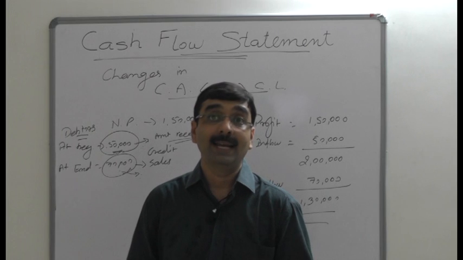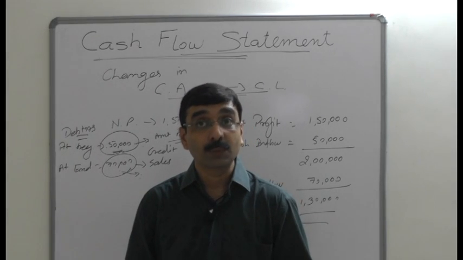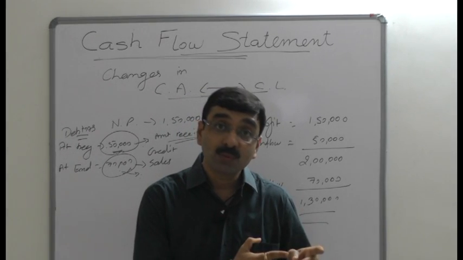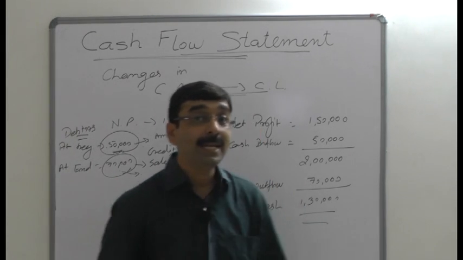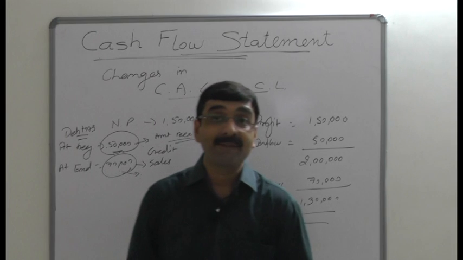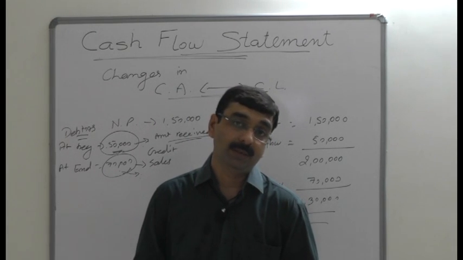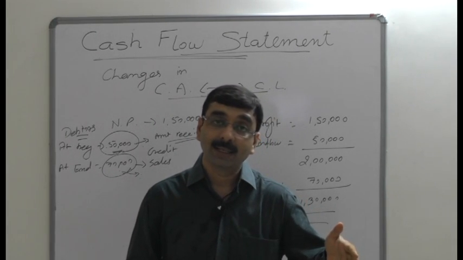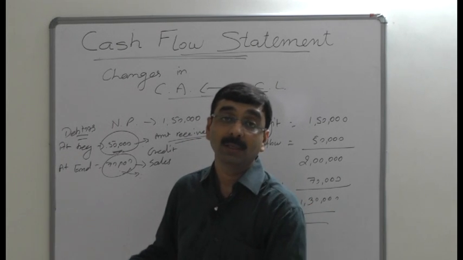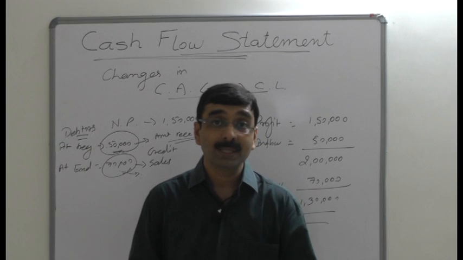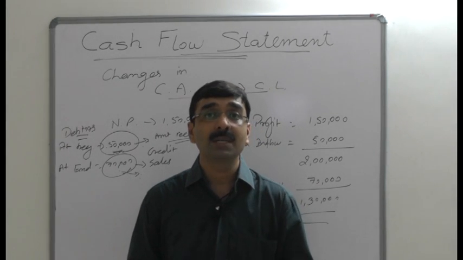It can be stated in another manner also. The book debts, which show 50,000 in the beginning of the year, have increased to rupees 70,000 at the end of the year. The difference amount is rupees 20,000.